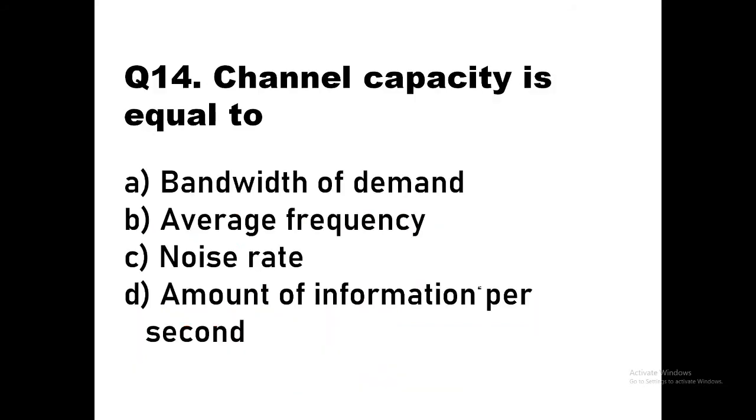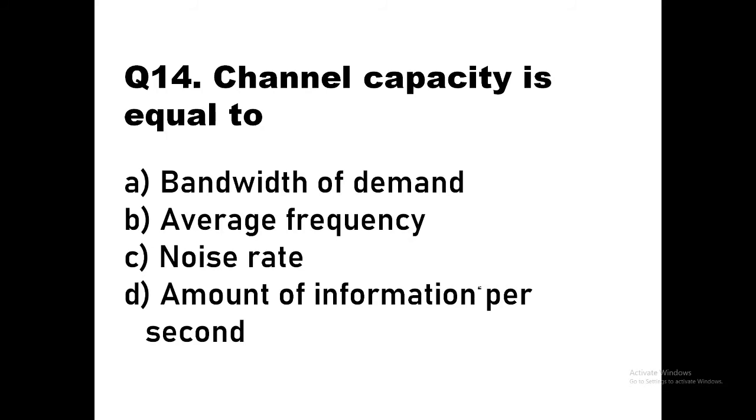Okay. Then we'll go to question number 14. Channel capacity is equal to, okay, the options are bandwidth of demand, average frequency, noise rate, amount of information per second. Now capacity depends on your bandwidth, and bandwidth depends on information per second.